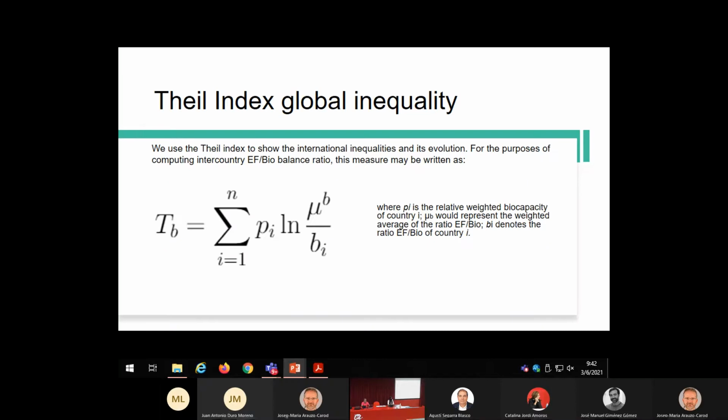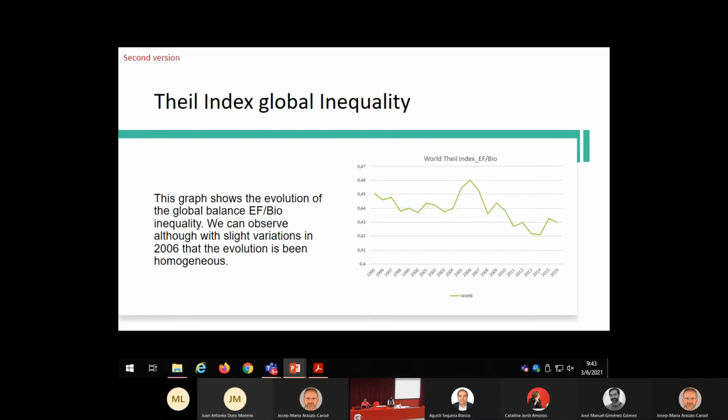This is just the formula for the Theil index, which is going to help us analyze the inequality. I'm not going to go deep here, so you just have an overview there. This is a global inequality, which is mainly homogeneous, except for 2006, which has a peak right there.